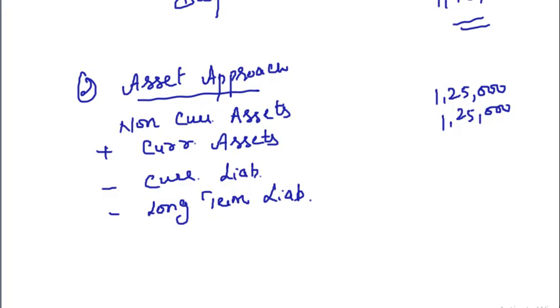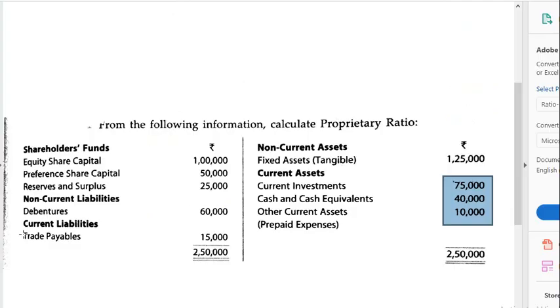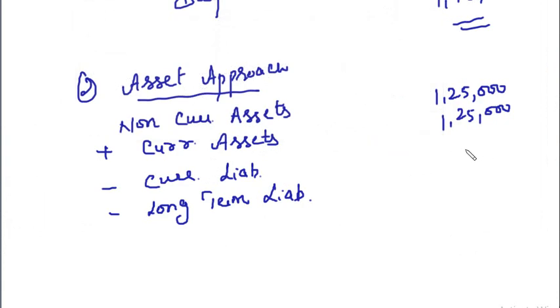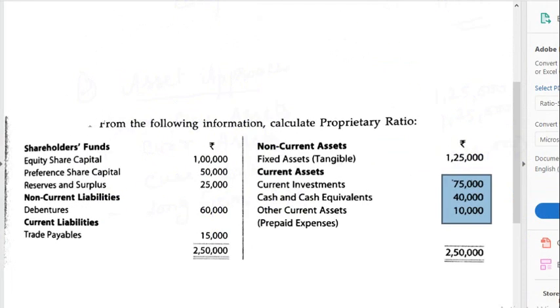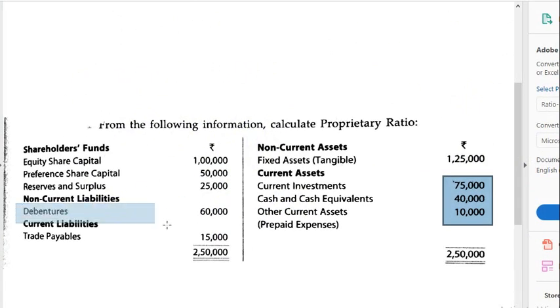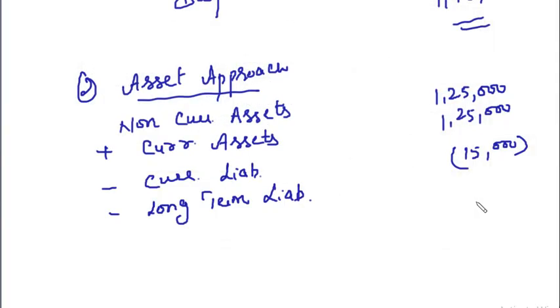Now, current liabilities: trade payables of 15,000. You have to subtract this, and the long-term liabilities, or we can say non-current liabilities, we have debentures of 60,000. Clear? All the figures covered?